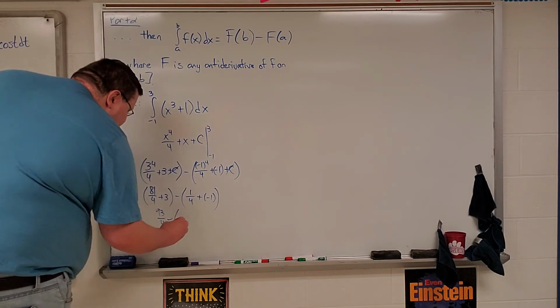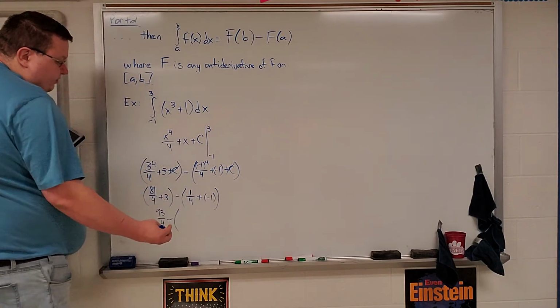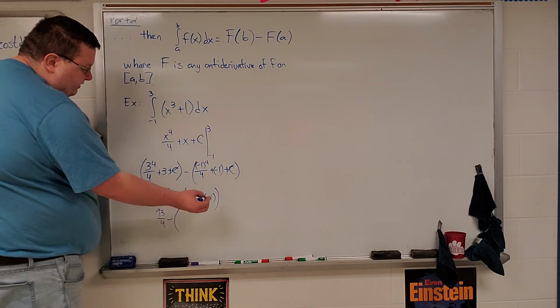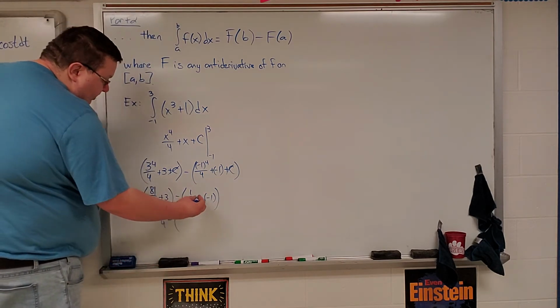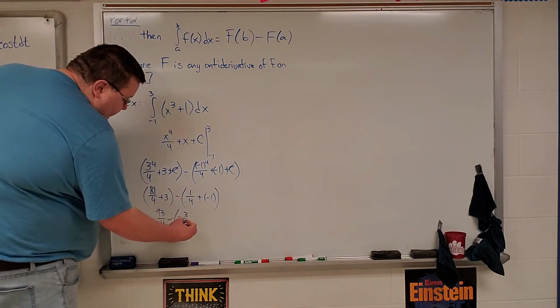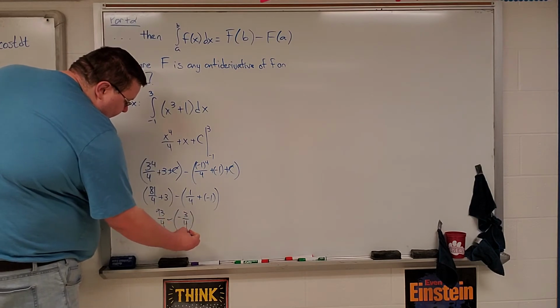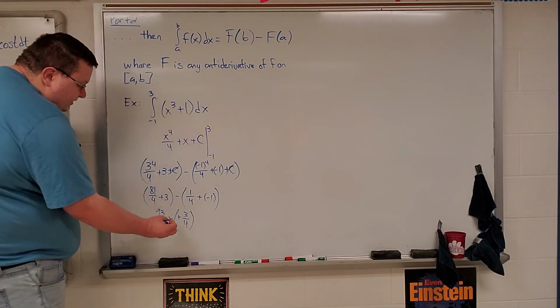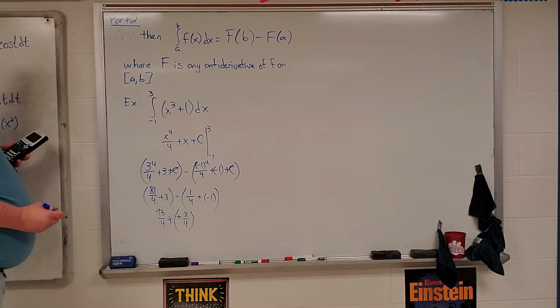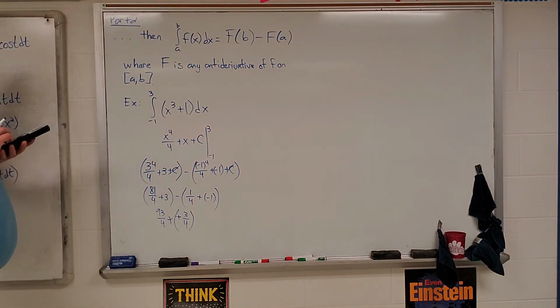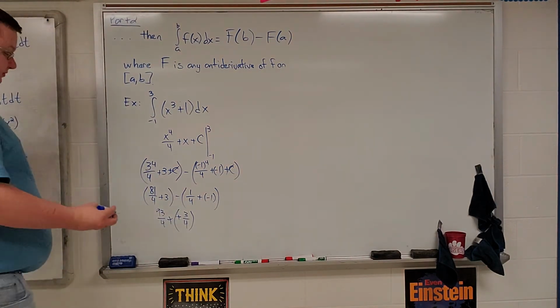Minus 1/4 minus 1, basically 1/4 plus -1 is the same thing as 1/4 minus 1. That's going to give me a -3/4. This is going to end up being minus a minus, makes that a plus. And I'm going to end up with 96 over 4, which is 24.